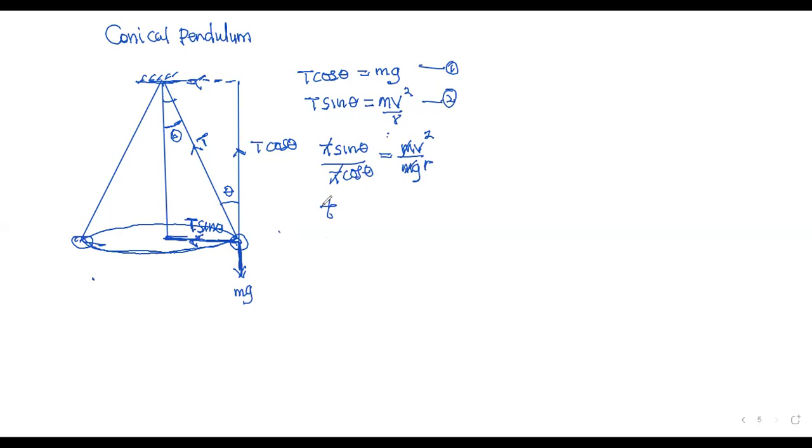So tan theta is equal to v squared over rg. V squared is equal to rg tan theta, and v becomes the maximum velocity of a conical pendulum.